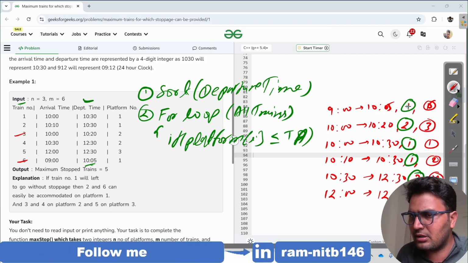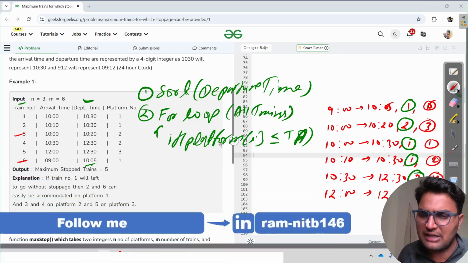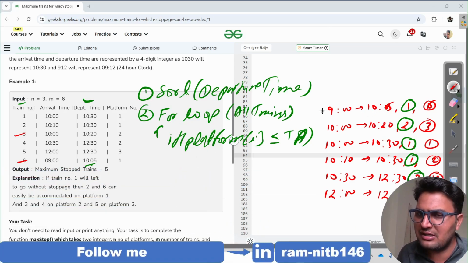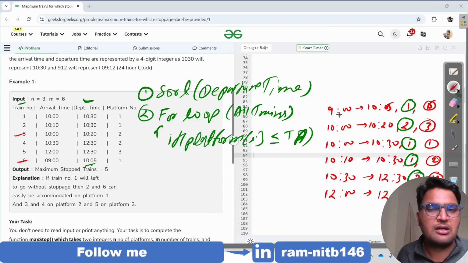Is there any train on the first platform? The platform's stored time should be less than the arrival time of this train. Either the train should have left before the arrival time, or it should be -1. -1 means an empty platform, correct.